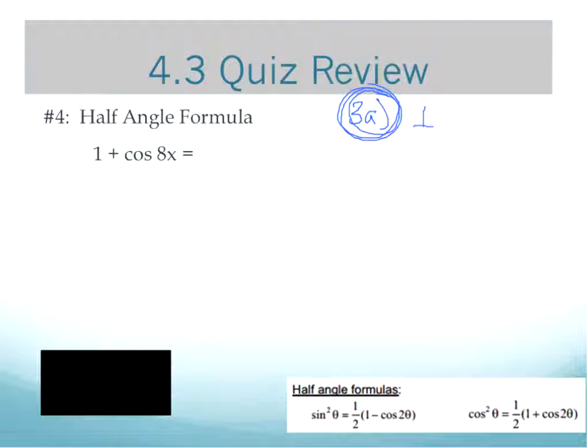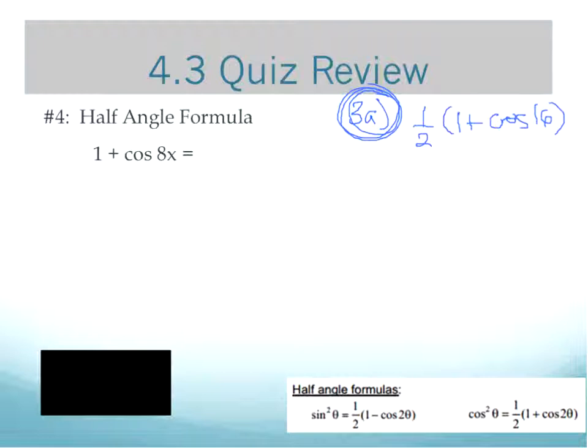And my problem is going to be 1/2 times 1 plus cosine 16. Okay, so we're working on 3A right now since my PowerPoint did not save my more recent example.